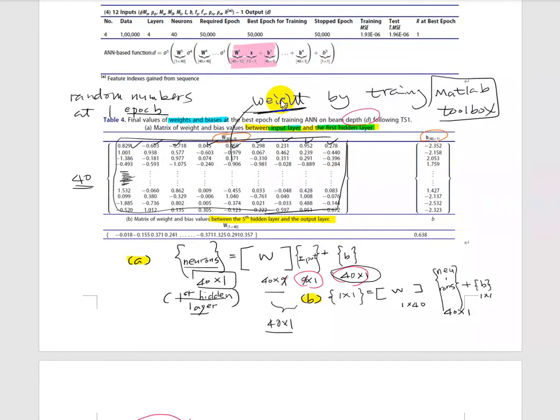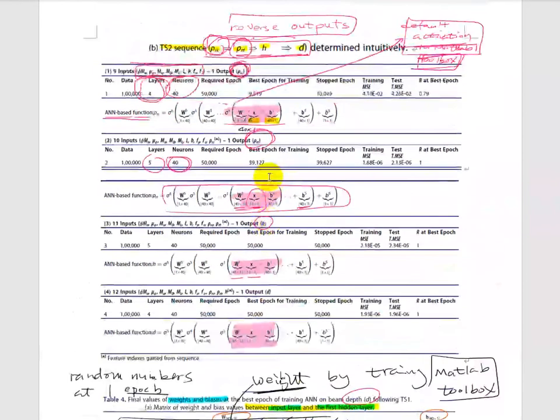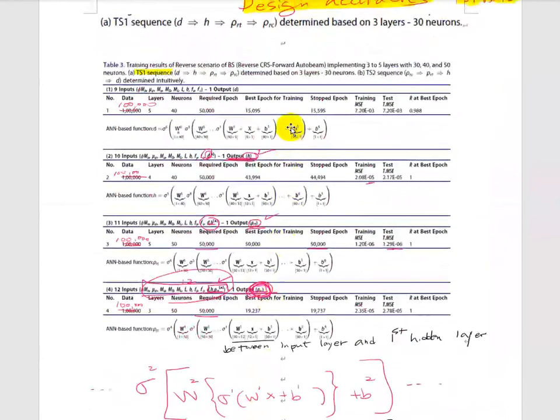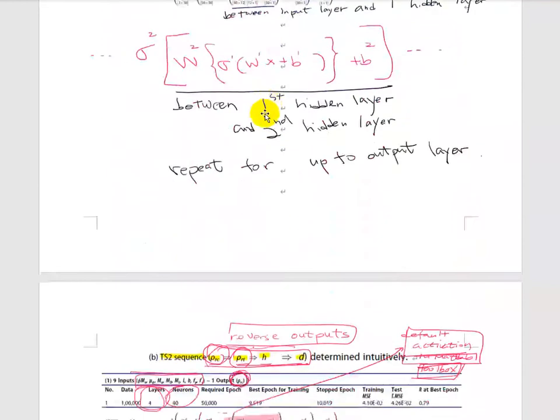But after how many iterations did we perform to train D, we're talking about D here, yes, this is D. So we went to 15,595, and the best epoch was found at 15,095 iterations.